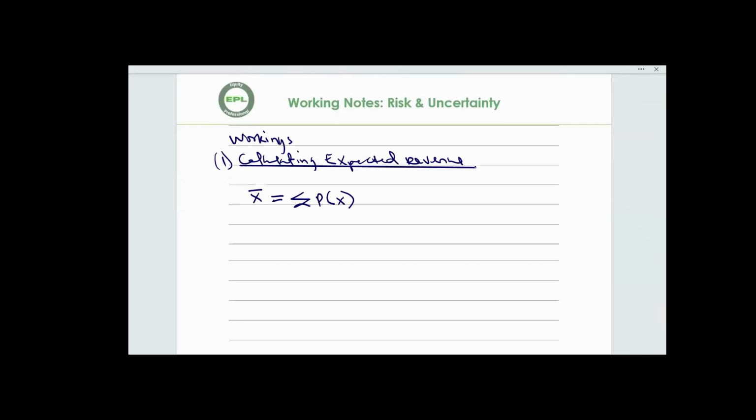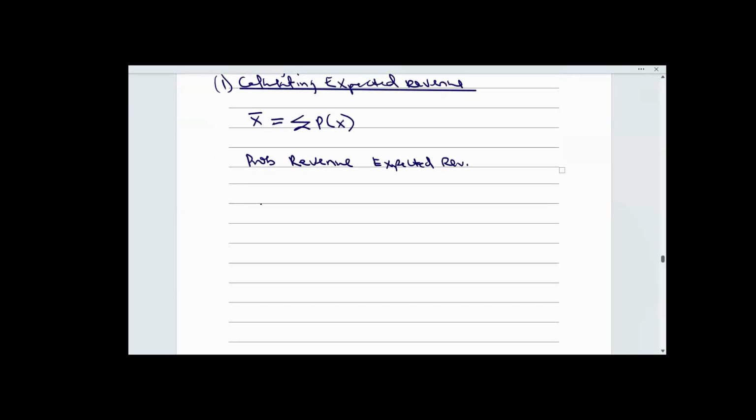So, to get our expected revenue, we create a column for probability. Then we have cash flow, which is revenue. Then we have expected revenue. Here is P, here is X. So this should be X bar.